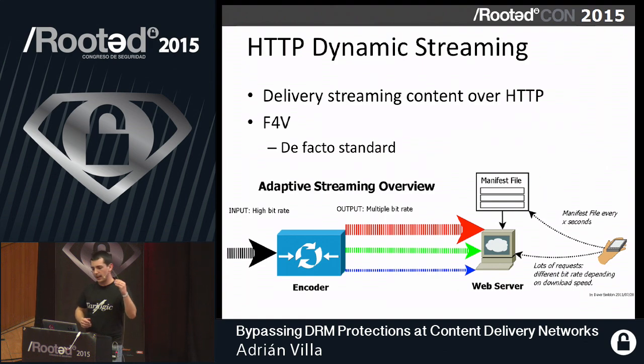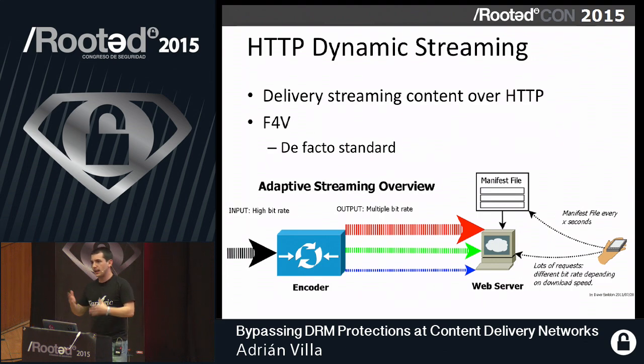This is defined by Adobe, and a manifest file is defined, which is a file that defines the fragments of the videos that can be played, as well as the audio associated to those videos. So when a client wants to play a video, it does a request to this manifest, then downloads a file, which is often an XML, and then you get the URL of the video both in English and Spanish, and then the audio both in English and Spanish, and then different rates.